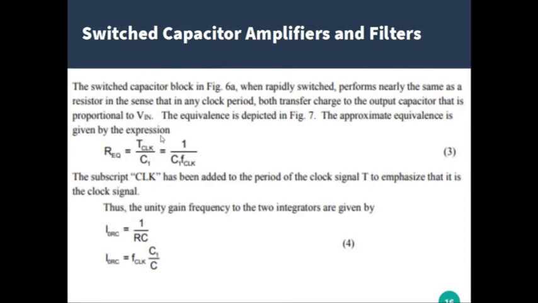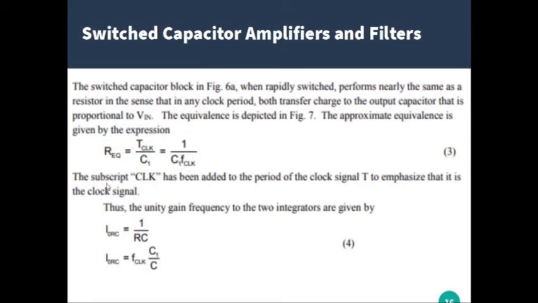If you're wondering where this came from, time is in seconds, right? If you take the reciprocal of time, that will be 1 per second, and 1 per second is hertz, which is the frequency. So the reciprocal of time is frequency.